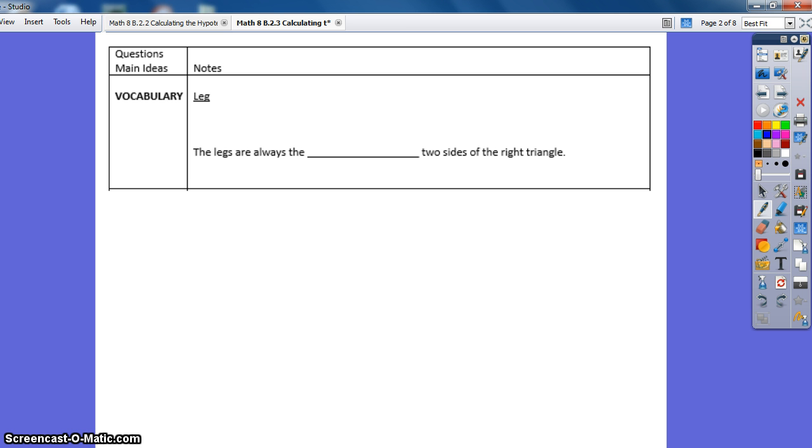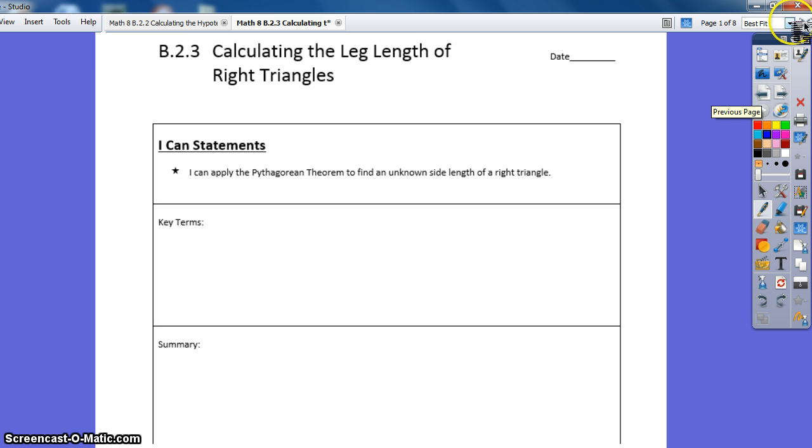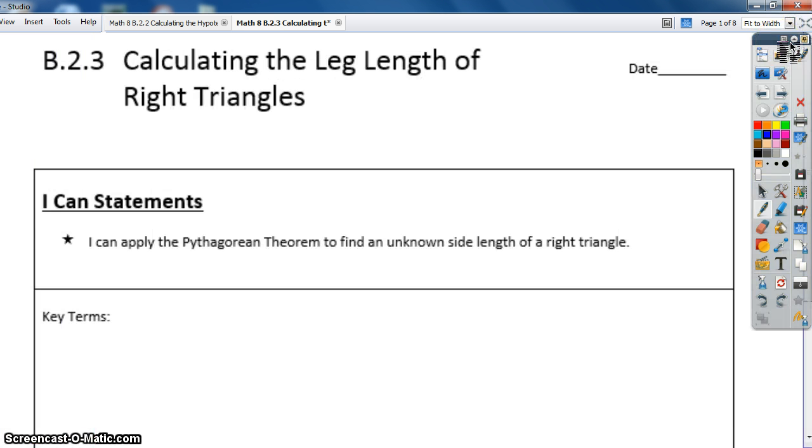We're going to be calculating the length of one of the legs today. And the legs represent what letters? A and B. And they always make up the what? They always make your right angle.